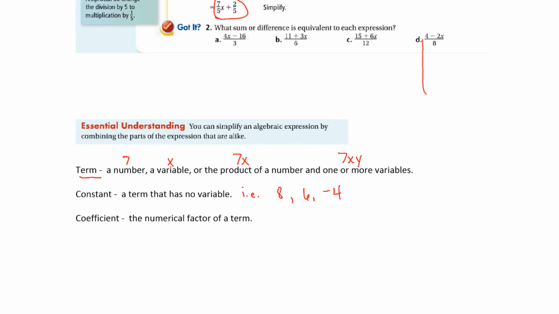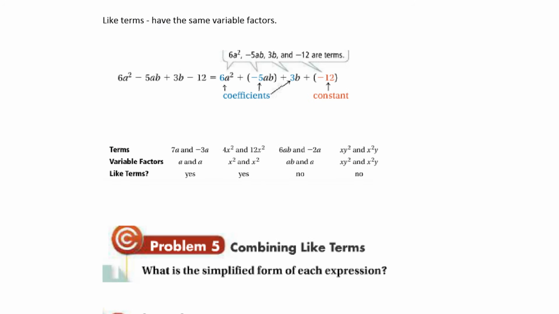So if I had the term 4x, my coefficient would be 4, the numerical part of the term, the number that is in front of the variable. Like terms have the same variable factors.